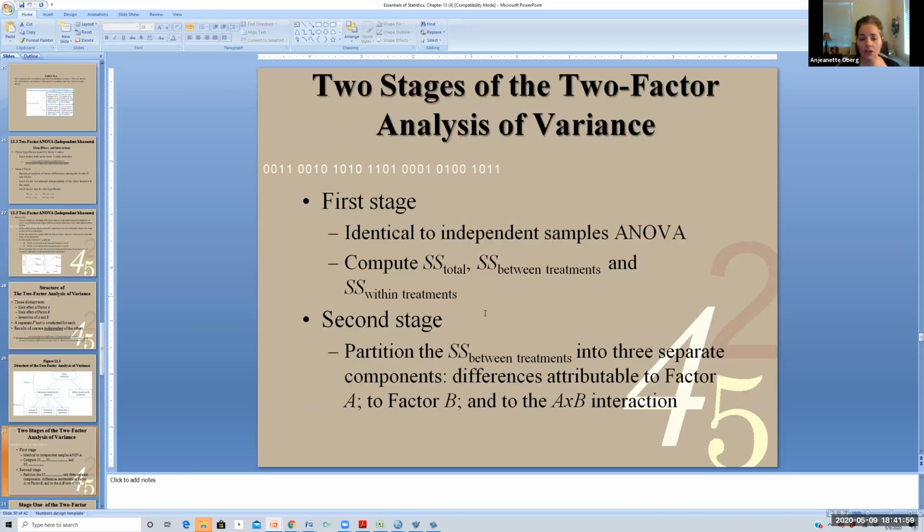In the first stage, it still stays as the independent samples ANOVA. We still are computing all the same things, but in that second stage now we're partitioning and analyzing that between treatments variance and the sum of squared deviations for factor A, factor B, and then the interaction, the combined variance between A and B.